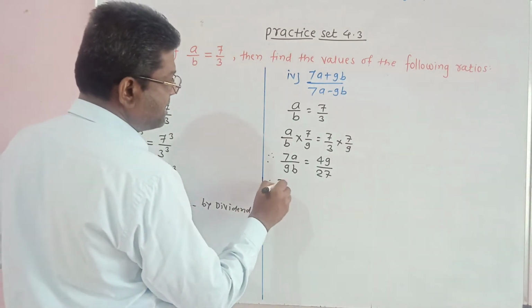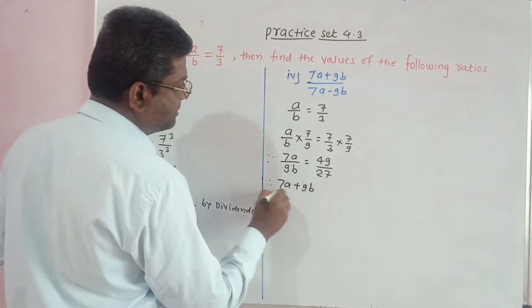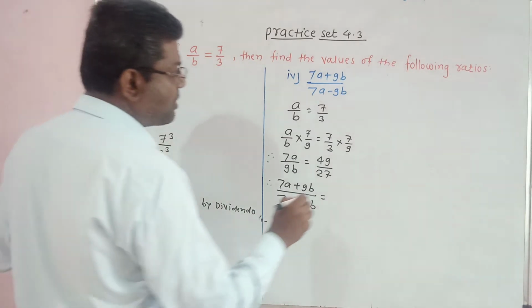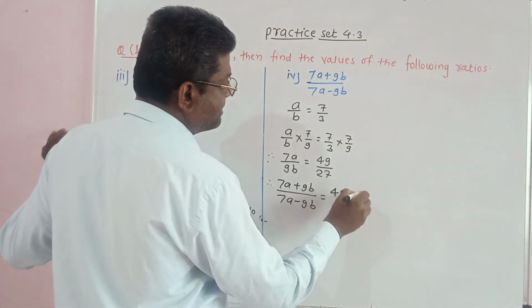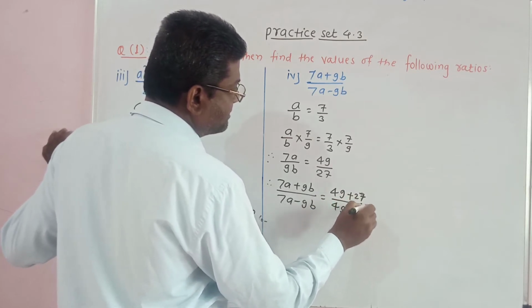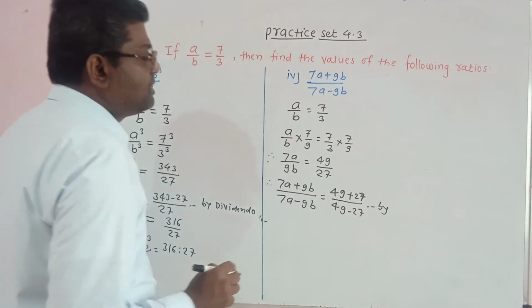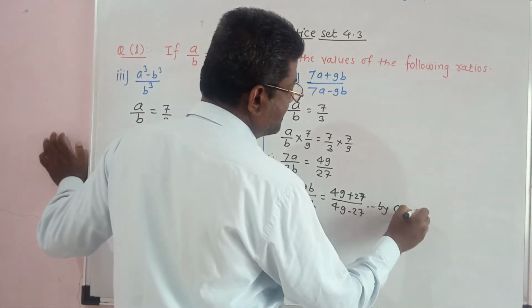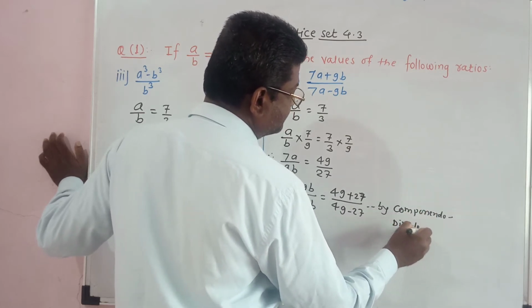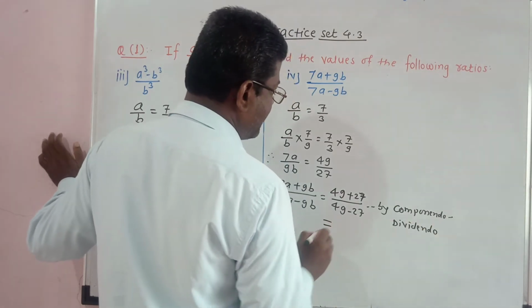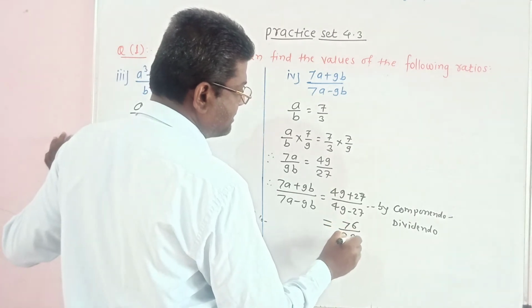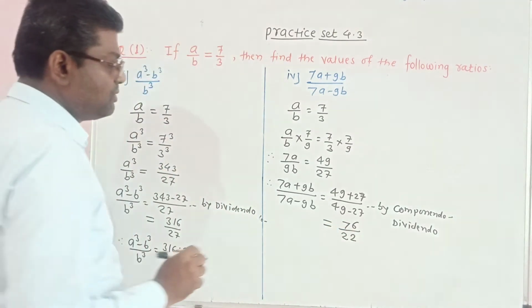Therefore 7a plus 9b upon 7a minus 9b is equal to, by componendo dividendo, 49 plus 27 upon 49 minus 27. 49 plus 27 is 76 and 49 minus 27 is 22.